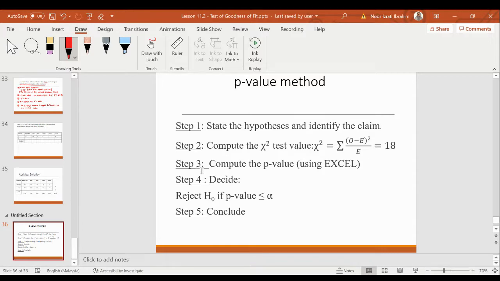Step 3 is to compute the p-value, by using Excel. I will go through this when I brief you on the group assignment. Step 4, for the p-value method, we reject H0 if the p-value is less than or equal to alpha.